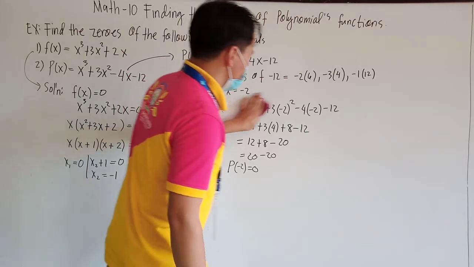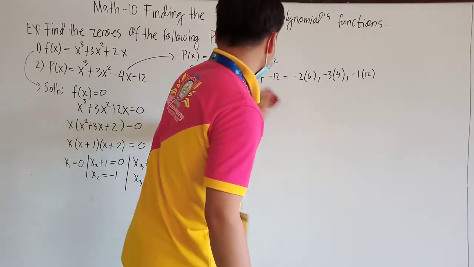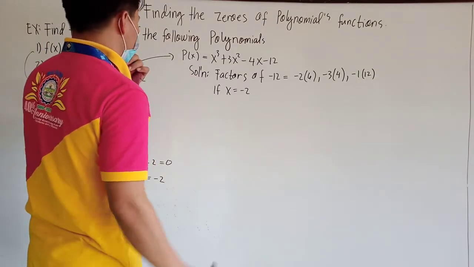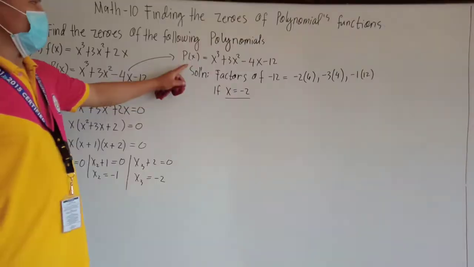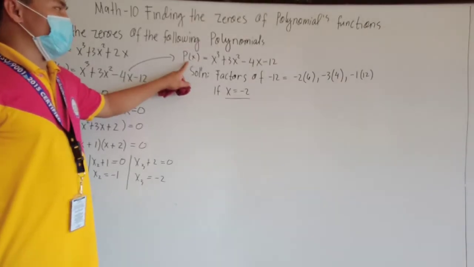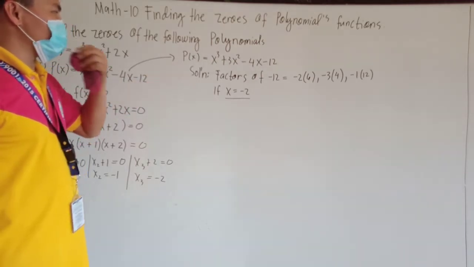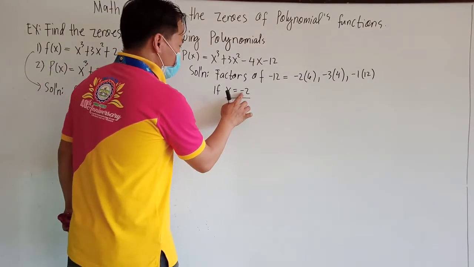So we can erase this one for the next value. From this given polynomial, because we already identified that x is equal to negative 2, at this time we can make use of synthetic division. We know that x is equal to negative 2.